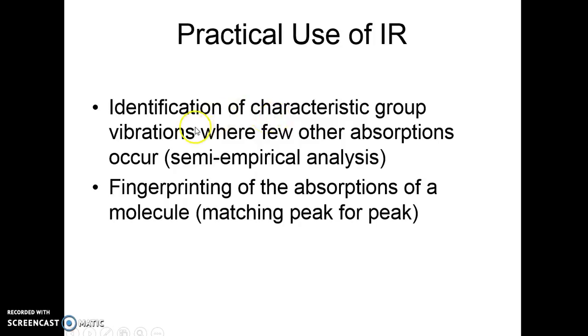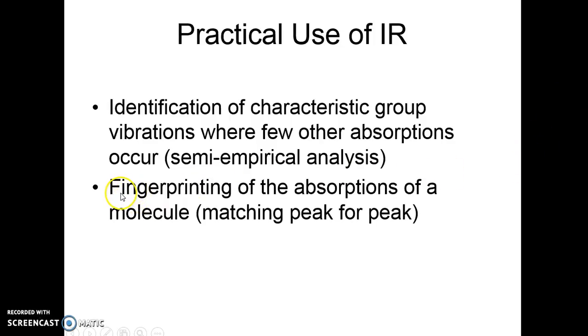Different functional groups have specific vibrations, and these specific vibrations allow us to say, oh, we see this bond vibration in this wavelength, and so that wavelength corresponds to this particular functional group. And infrared is considered the standard for identifying the functional group in a molecule.